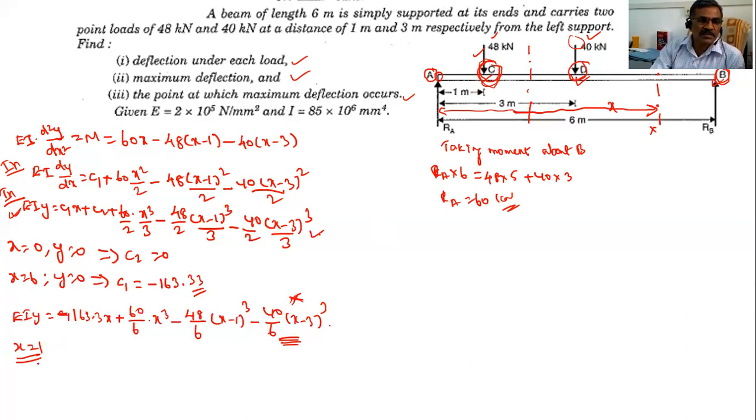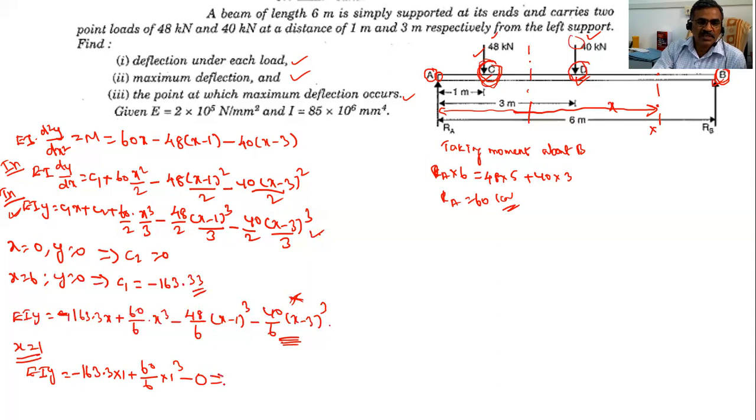So in this equation, EI y is equal to minus 163.3 multiplied by 1 plus 60 by 6 into 1 cube minus, here x is equal to 1 means 1 minus 1 is 0.